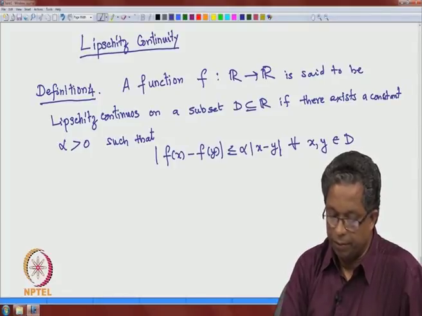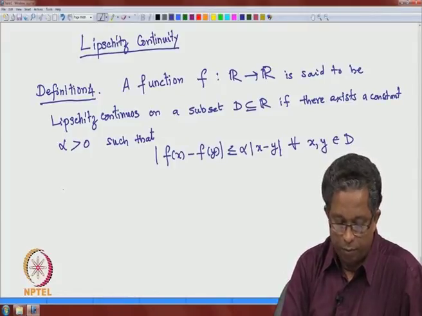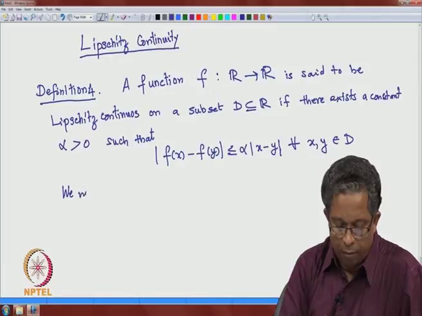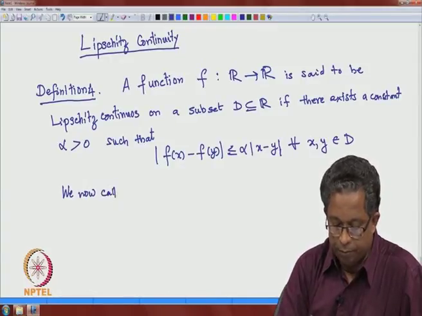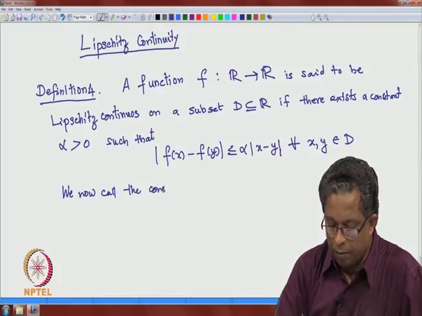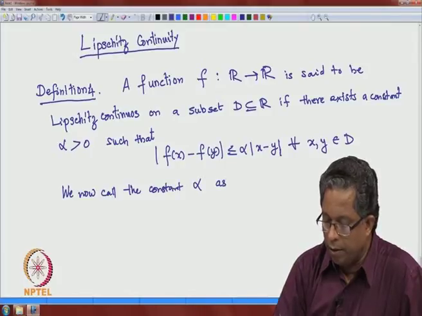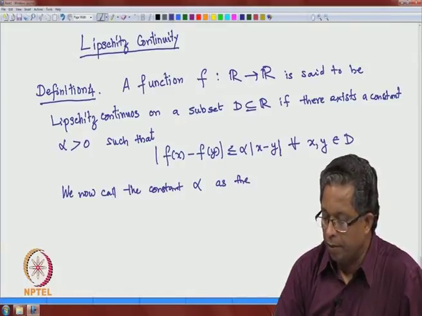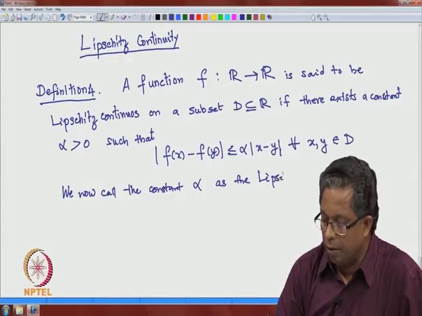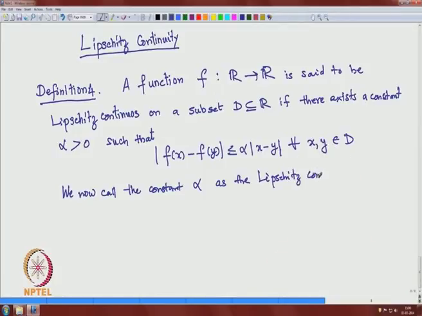So, in this case, we now call the constant alpha the Lipschitz constant of f.